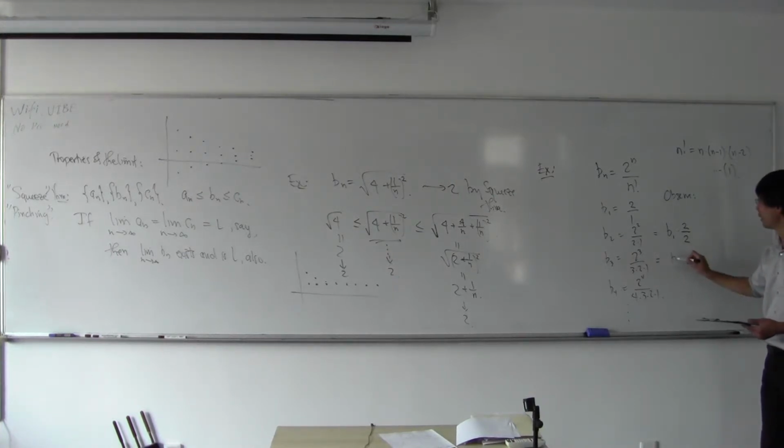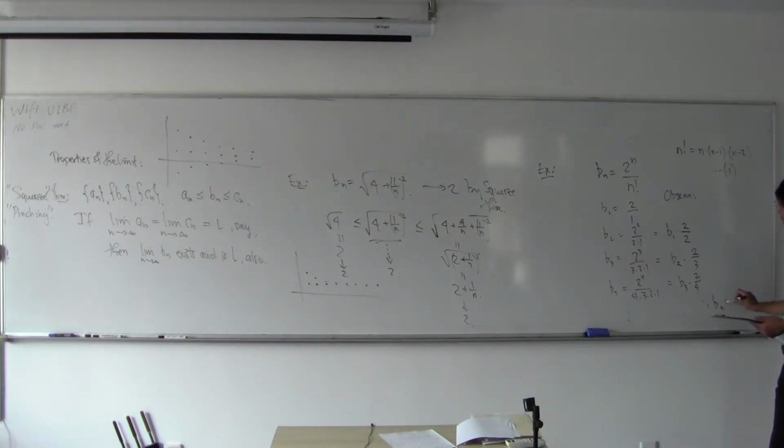B sub 3 is b sub 2 times 2 over 3, right? B sub 4 is b sub 3 times 2 over 4, right? Etc., etc. B sub n is going to be b sub n minus 1 times 2 over n.